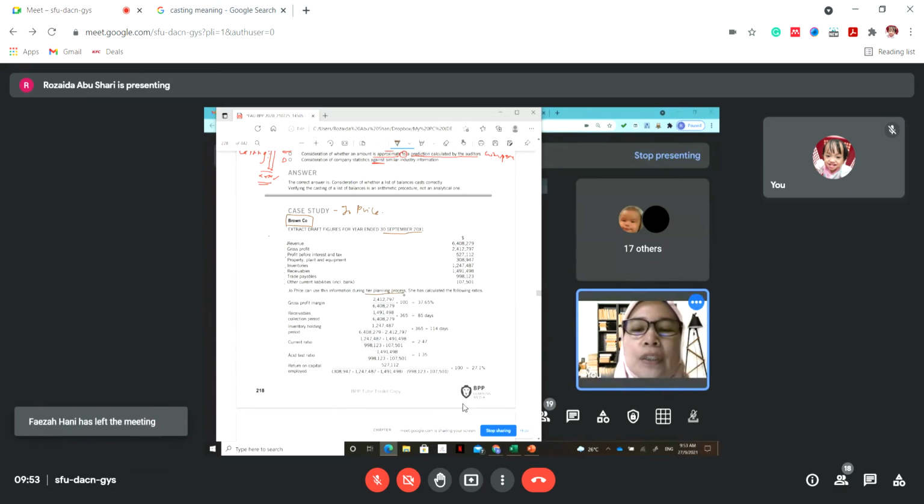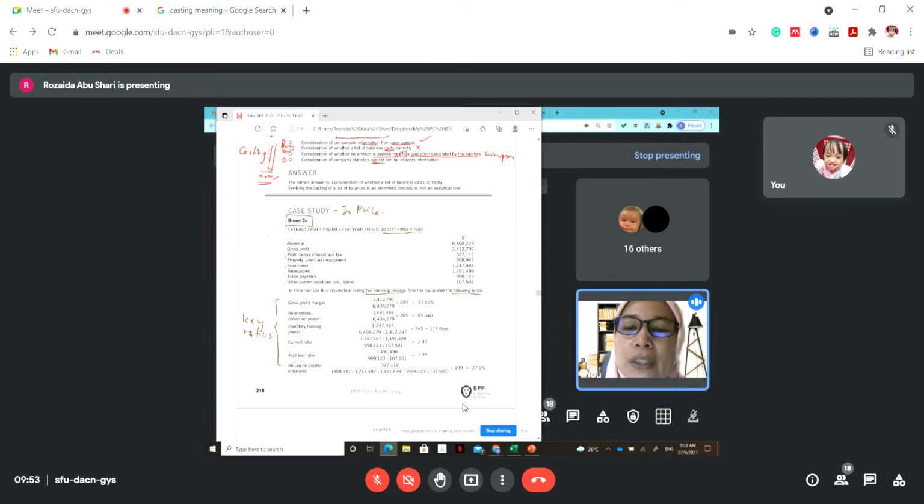So she calculated the following ratios. These are the key ratios that she calculates. You must be able to calculate the key ratios. Not all ratios will be used by the auditor; the auditor only highlights the key ratios regarding the information given in the financial statements.